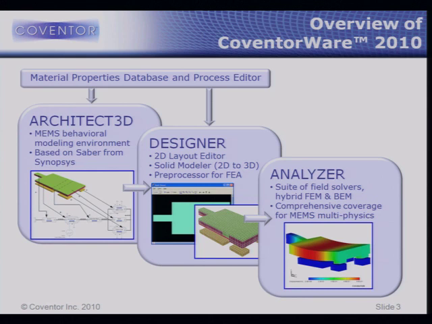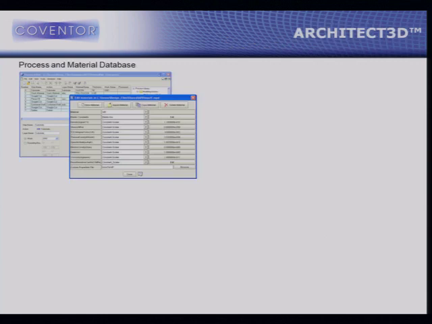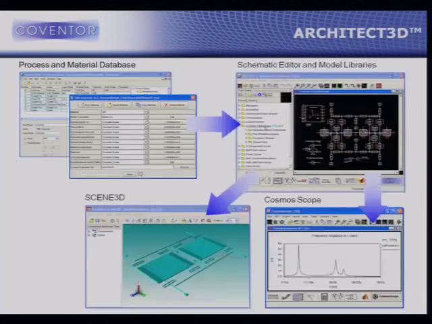We hope it will be a replacement for Architect for most users, and it's really a friendlier place to do your modeling. But Architect is still available, and I guess is available at the center here. And it's a perfectly good tool. But I wanted to focus on Designer and Analyzer.